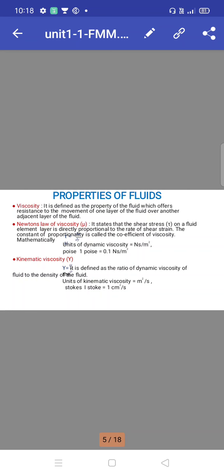When we drop water on the floor, it will move very fast because it has very low viscosity. Why does it move very fast? Because the bonding between the molecules is very less. The cohesion is very low.